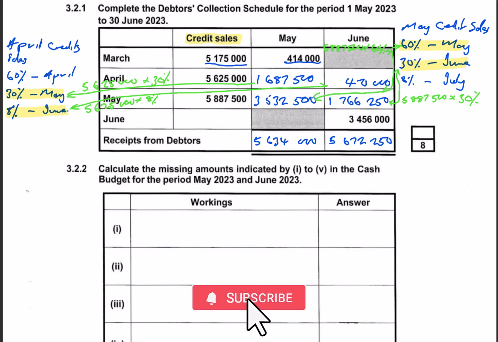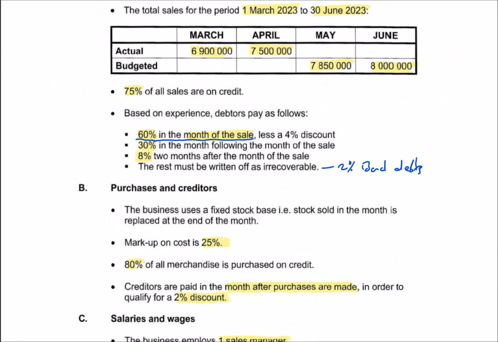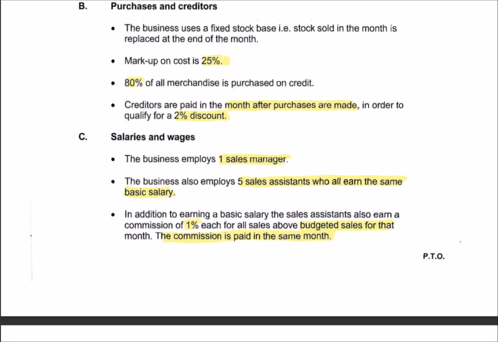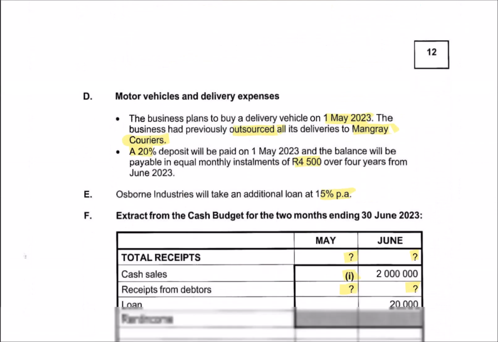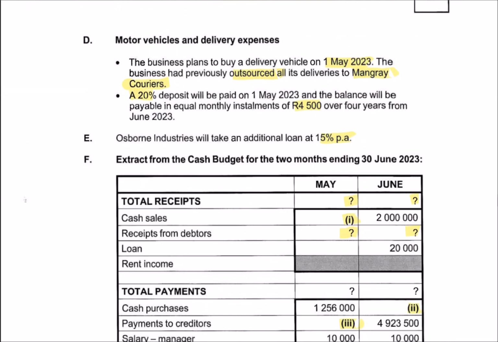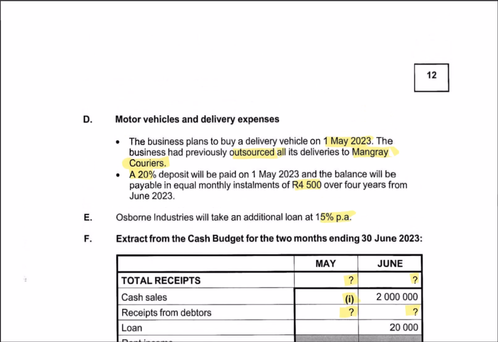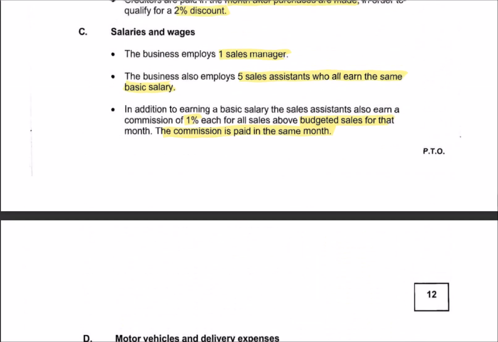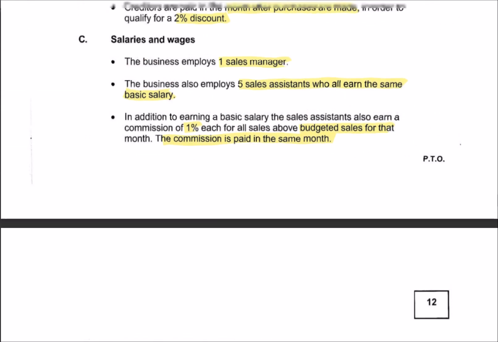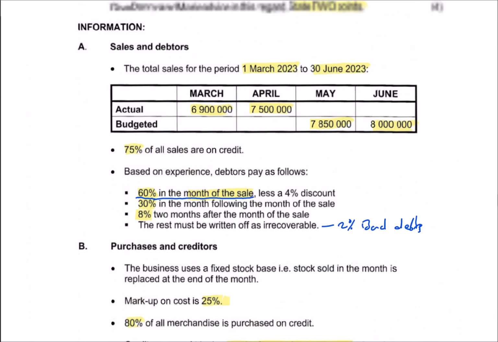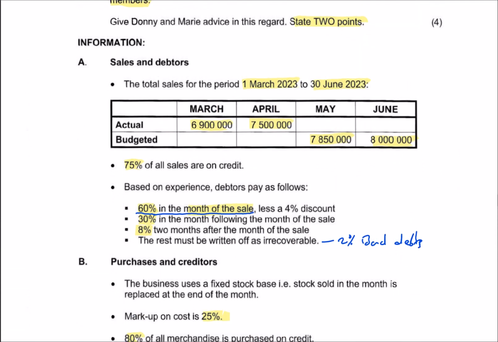Right, if you come to our question, our question looks at the budget. Cash sales in May. Because in May, the budgeted sales is 7,850,000, and they say 75% of all sales are on credit.